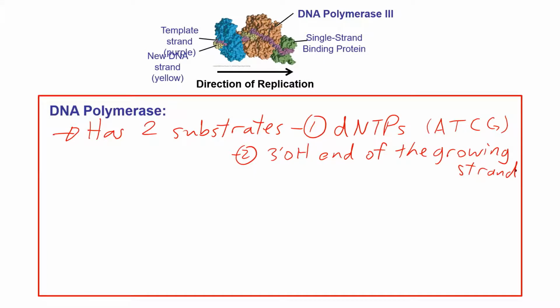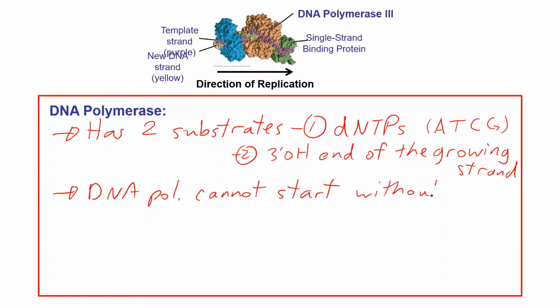As a consequence, there's a couple of things we need to note about that. DNA polymerase, I'm just going to abbreviate it as DNA pol, cannot start replication without that 3' end.